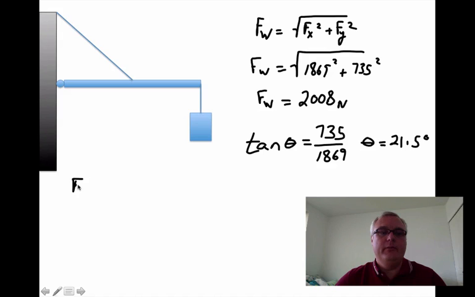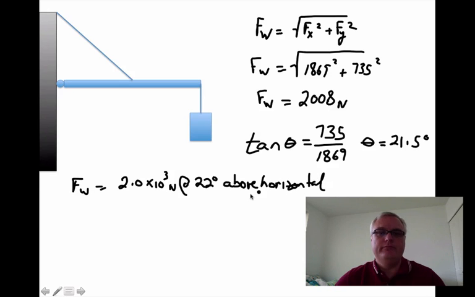So the force exerted by the wall is 2,000 newtons at 22 degrees above the horizontal. And that's how we're going to use both rotational and translational equilibrium in one question.